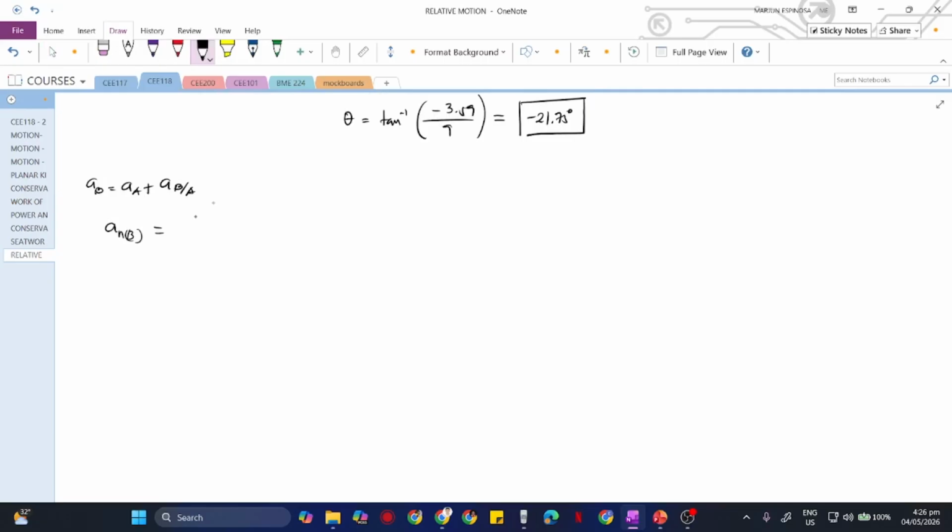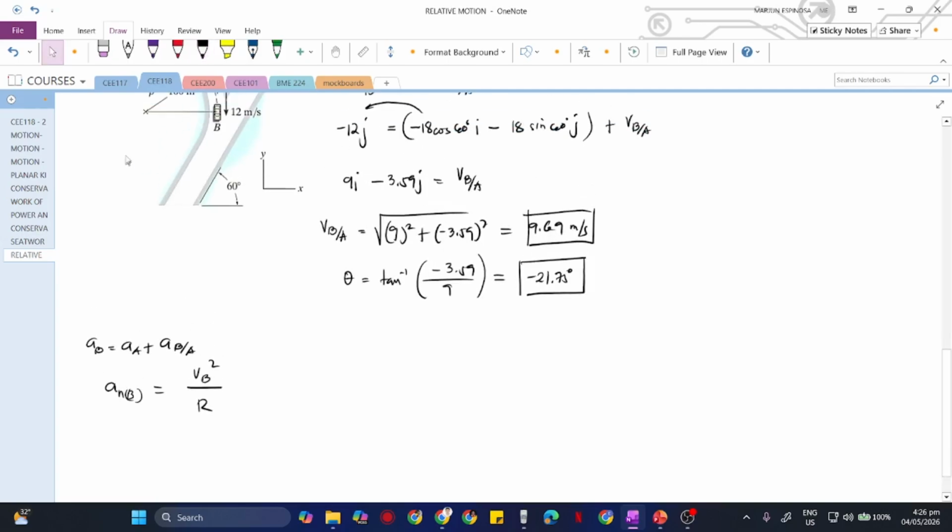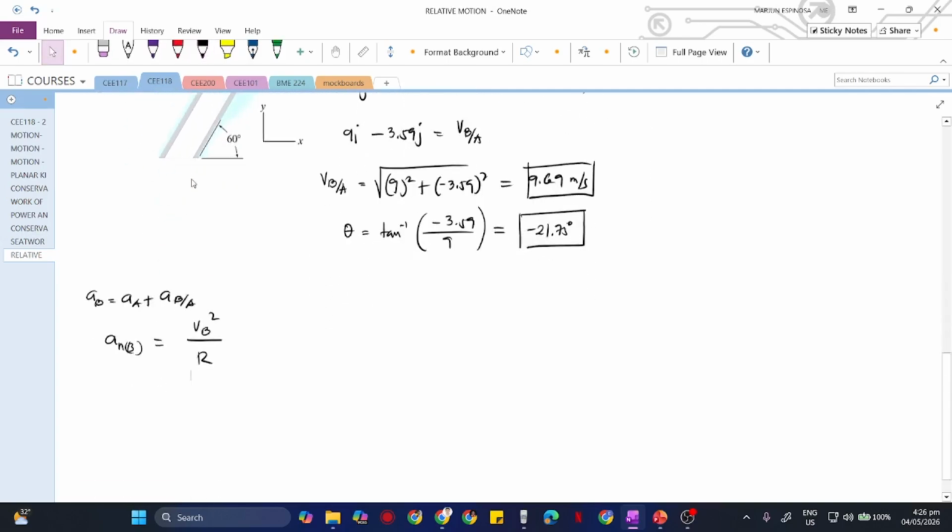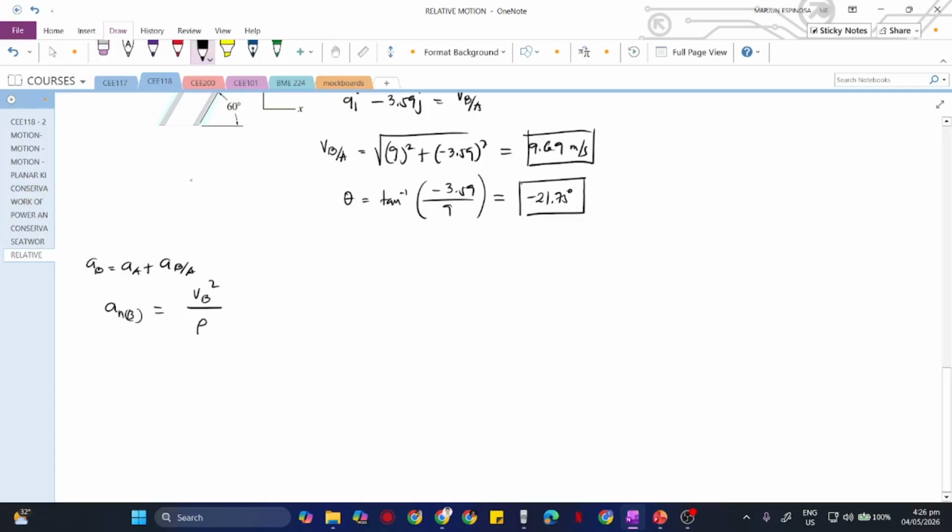That is the velocity at point B squared over the radius. The radius is constant, equivalent to 100. That is the normal acceleration at point B of the car.